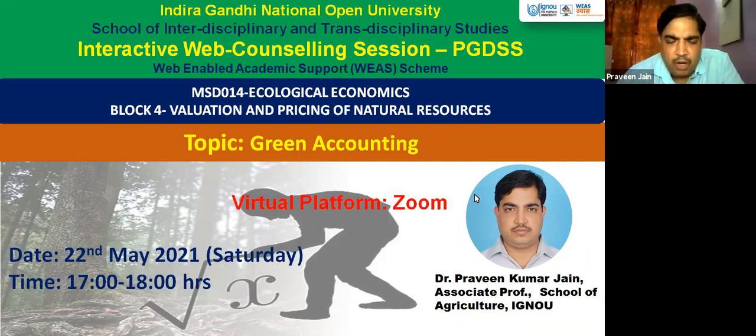We count national income under different names, like gross domestic product or gross net product. Nowadays we measure our national income in the form of gross value added. But in the previous session, we discussed the basics of valuing these ecosystem services.